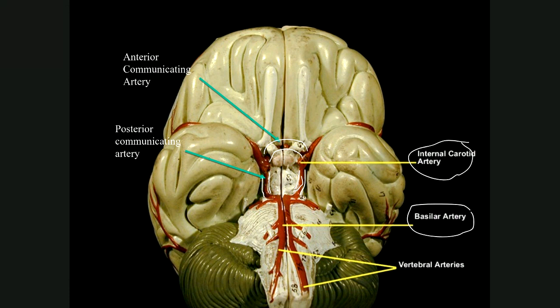These are called communicating arteries. So this one's in the front. This is anterior. So it's the anterior communicating artery. This is more toward the back. This is posterior. And there are two posterior communicating arteries, two of them. So there's one right here and one right here.